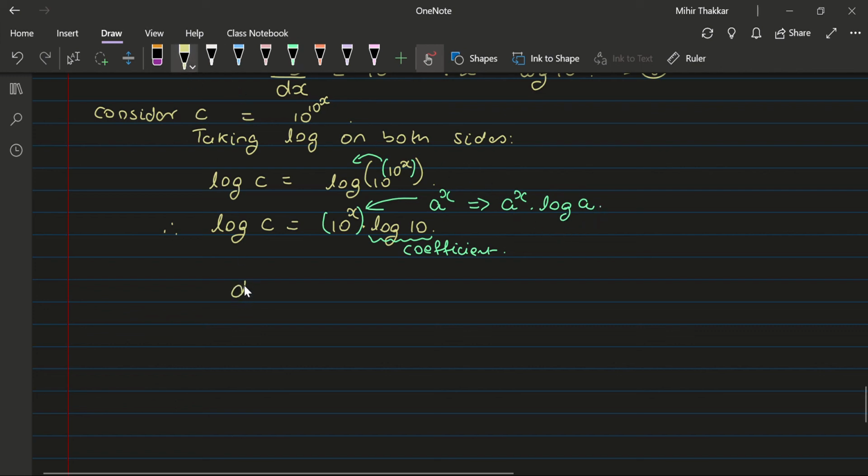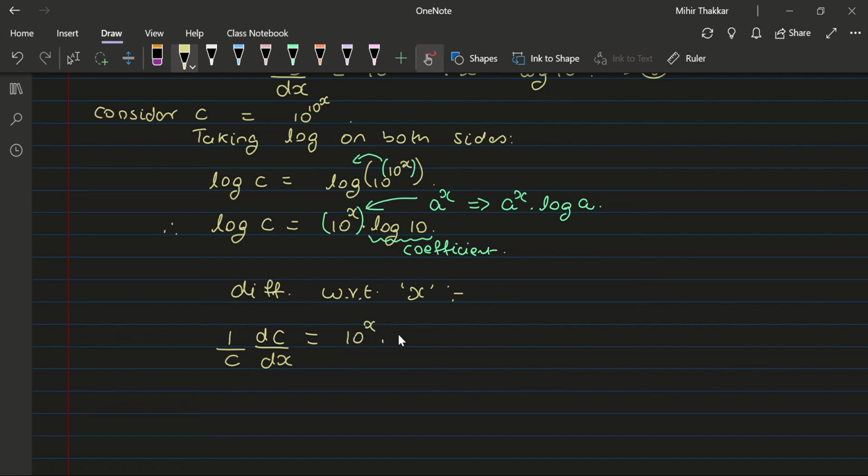So when I differentiate this with respect to x, the derivative of log c will be 1 by c into dc by dx, and this over here is straight away 10 raised to x into log 10 into log 10. So guys, we can combine these both log 10 values and cross multiply this c to get the value of dc by dx. C into 10 raised to x multiplied by log 10 the whole square.